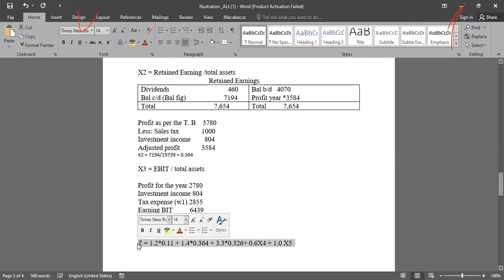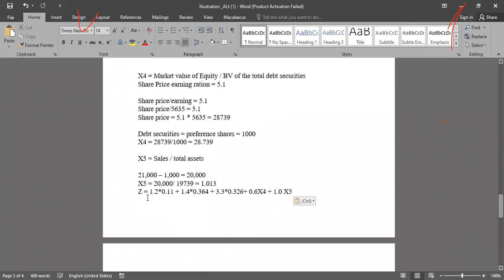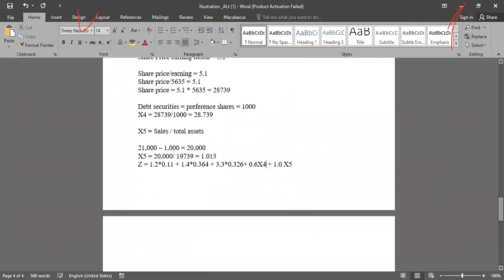And X4 and X5. X4 is 28.739, and X5 is 1.013.